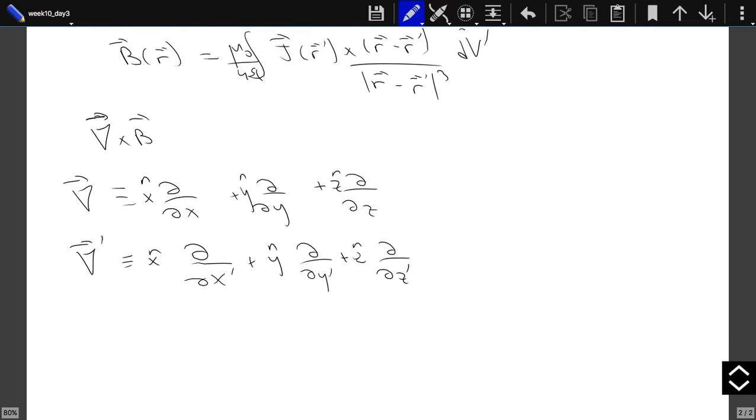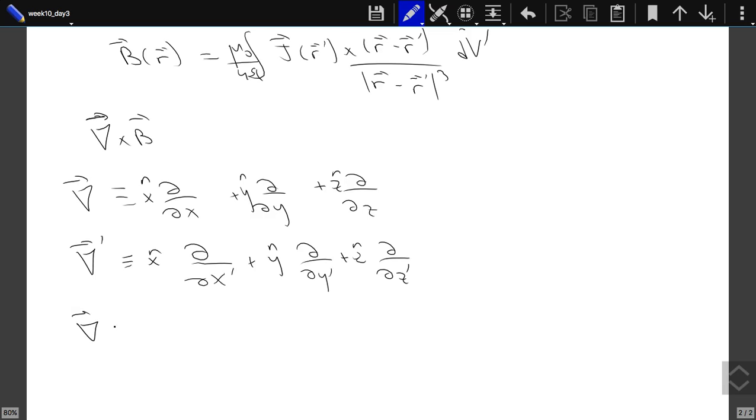So I know B, the first line over there. Let's take the curl of it. You see, B depends only on R. It doesn't depend on R prime because I'm integrating over the R prime coordinate, so the integral cannot depend on R prime. B depends only on R. I can only take the curl of B with respect to the R coordinate.